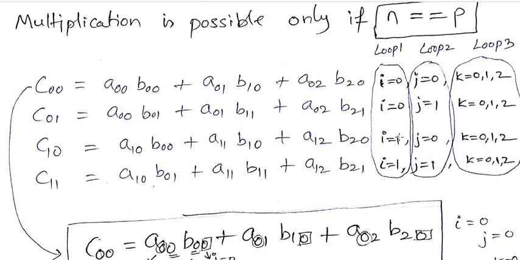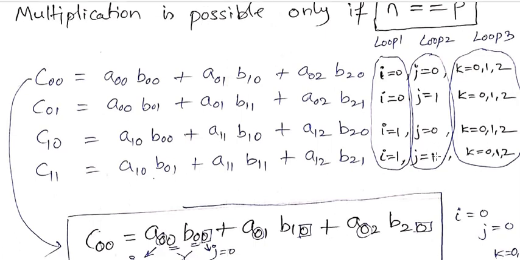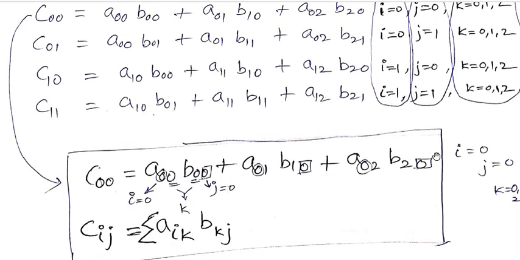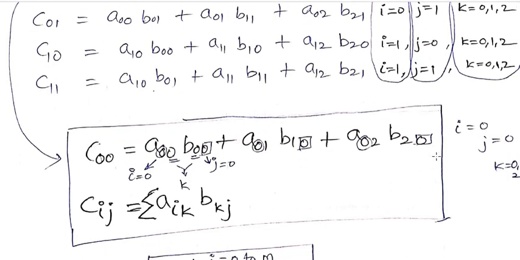Then I value will increment to 1, again J value will go from 0 to 1, and for each value of I and J, K will be going from 0 to 2. So we have an outer loop for the I and one more loop inside that for the J, and one more loop inside loop number 2, that is loop 3. That is how we do the repeated calculation of sum of all these products.